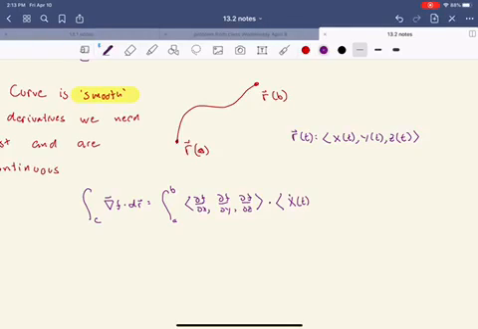x prime of t, y prime of t, z prime of t, that's the derivative of r, dt.